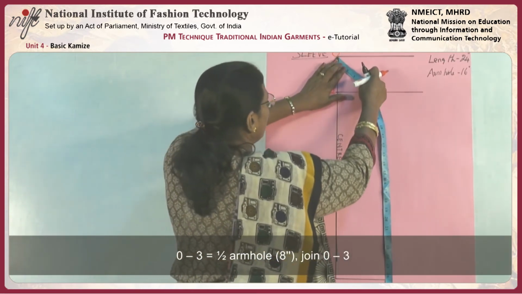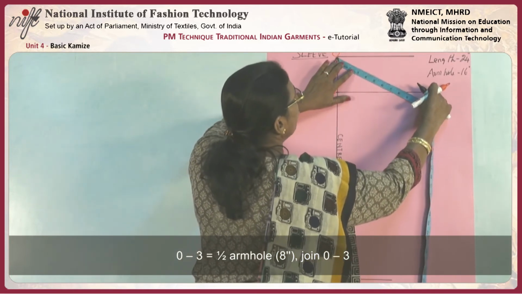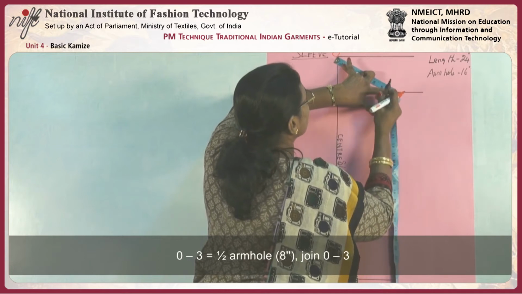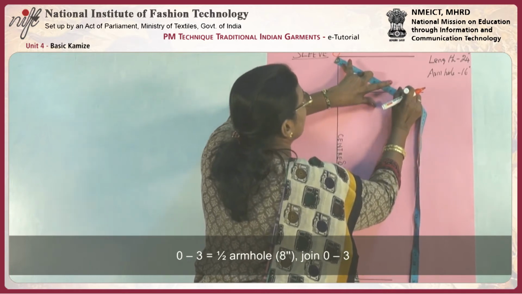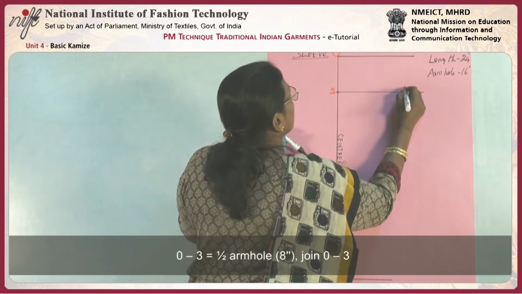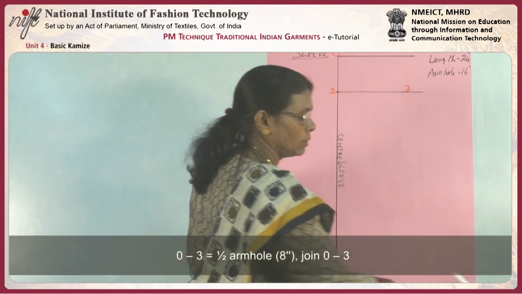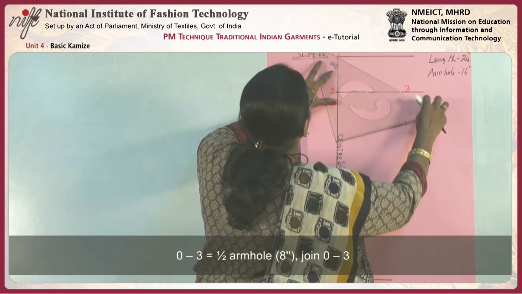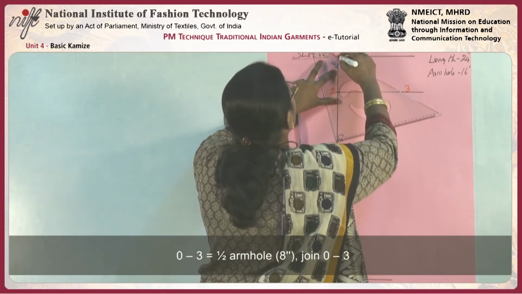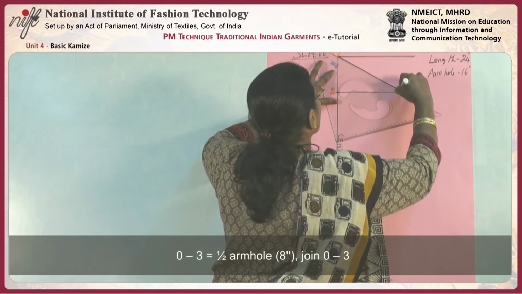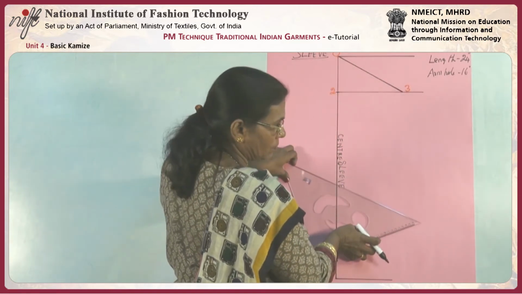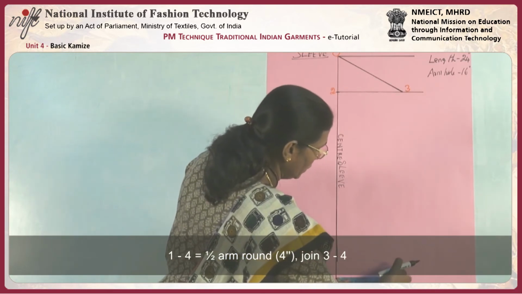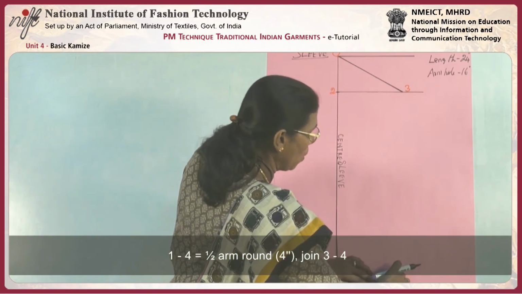0 to 3 is half of the armhole, which is 8 inches. Join 0 to 3. 1 to 4 is 1/4 of the arm round.